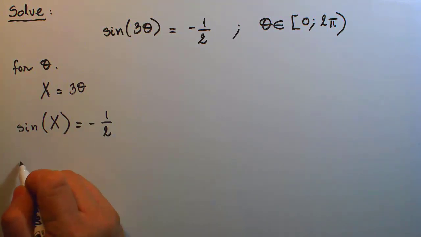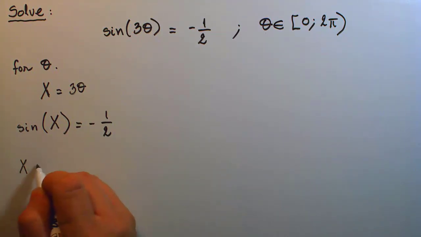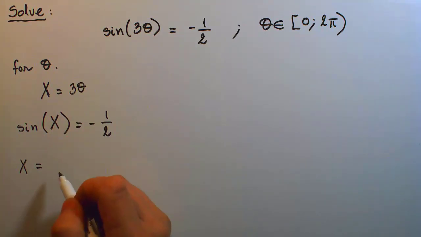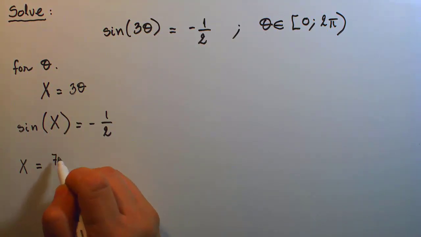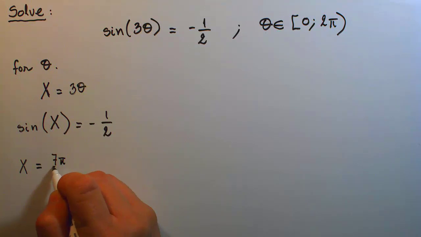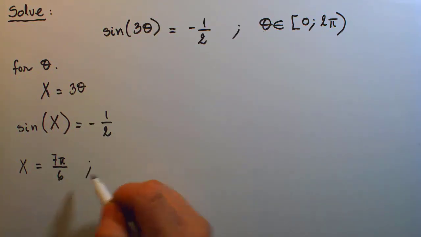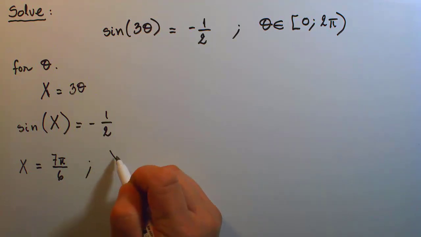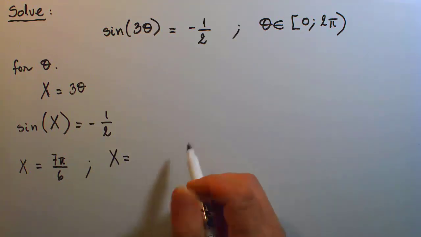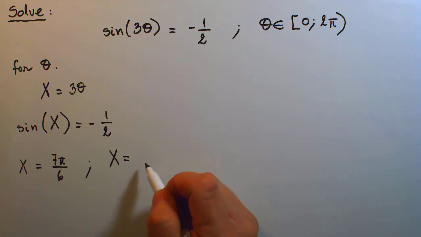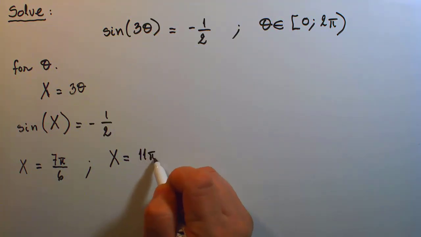One of them is capital X equals 7 pi over 6, and capital X equals 11 pi over 6.